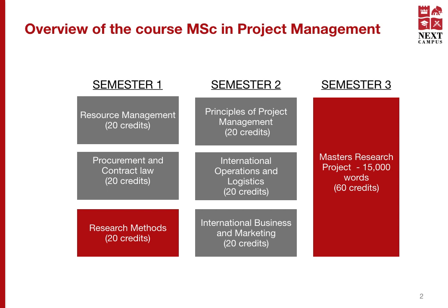What you learn in the research methods module, you will use to complete your research project at the end. So out of 180 credits, 80 credits are for research: first for the research methods module and then to complete your final research.